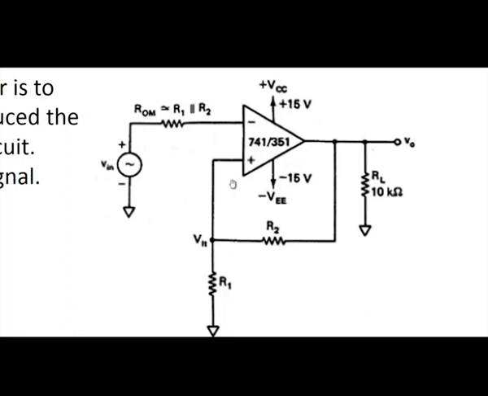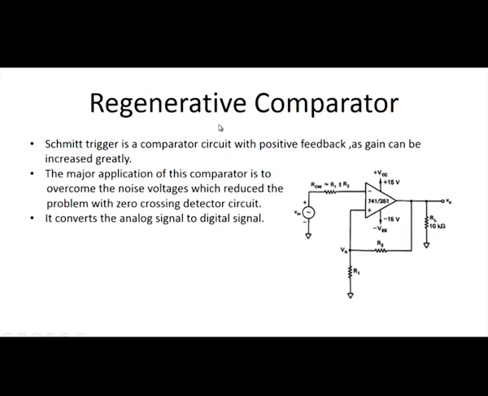What is hysteresis now? And why is it called a regenerative comparator? Since the feedback is given to the positive terminal, the output will be regenerated again and again, so it is known as a regenerative comparator. The major application of this comparator is to overcome the noise voltage, which reduces the problem with the zero crossing detector.